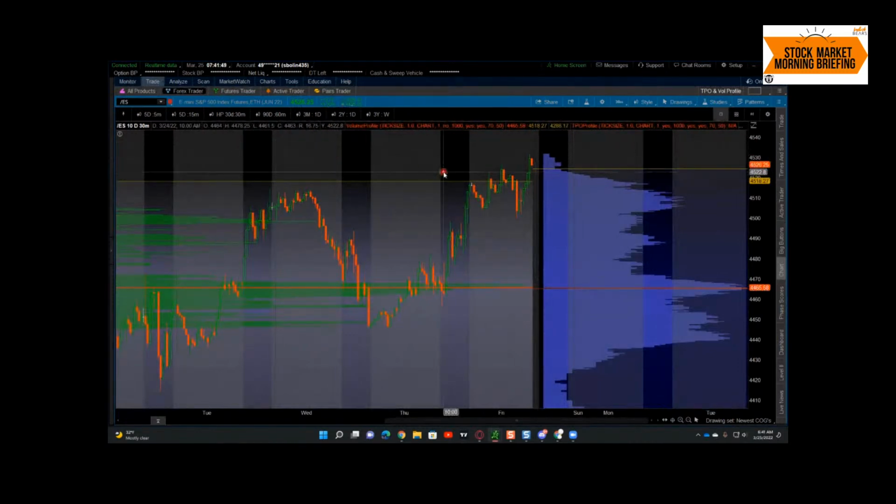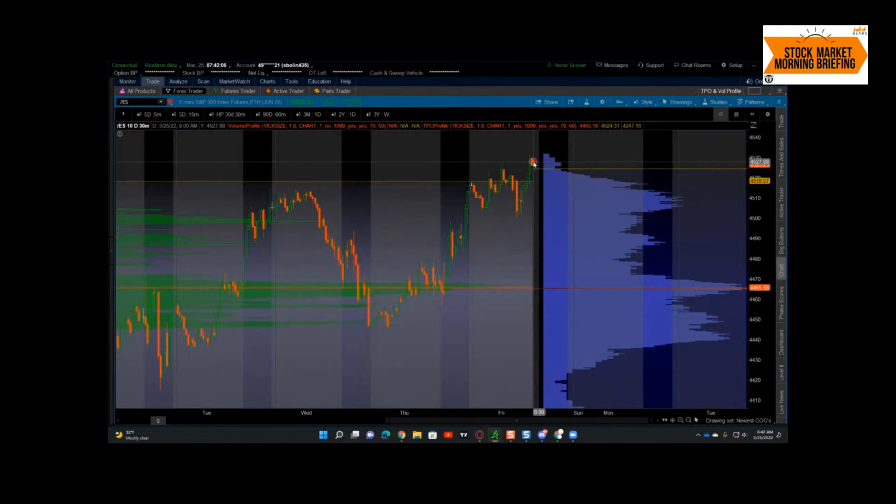So I want to keep an eye on this through the morning. One thing to be acutely concerned about is when we are gapped up in the Globex and we come into the open near the Globex high. We've seen this scenario before.